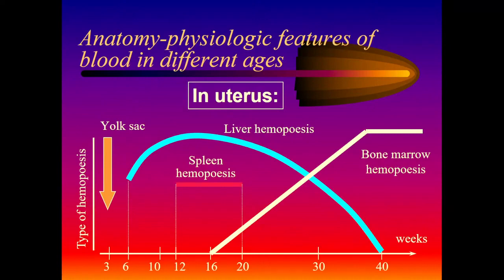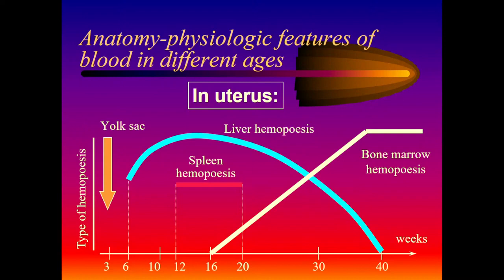You can see these differences in utero and at different ages, and you can see where hematopoiesis takes place during these stages of childhood.